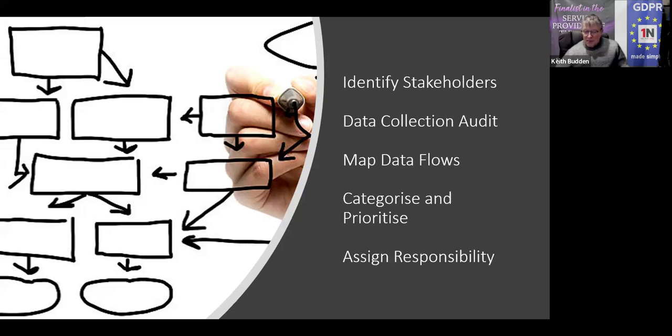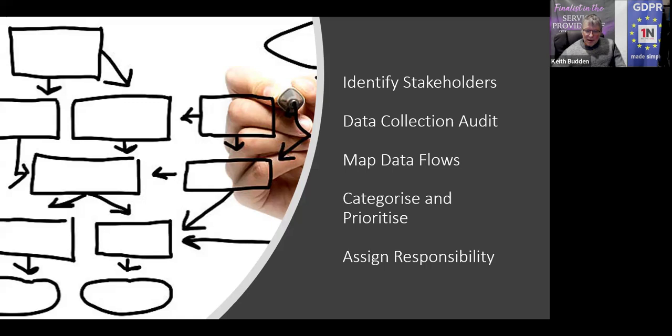Assign responsibility as well. So once you've done this and you've got these diagrams from each department, then assign somebody to be responsible for it, because these things are living documents. They need keeping up to date. Because if you suddenly change your software supplier, then you need to update your Article 30 register, because it's not relevant anymore.